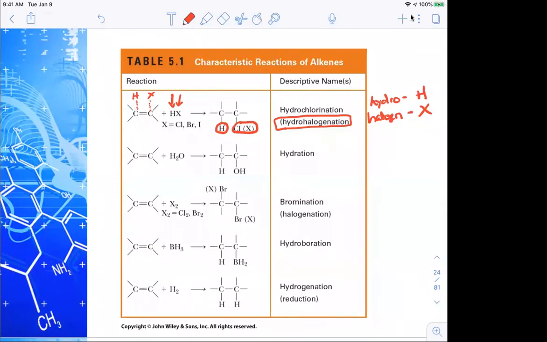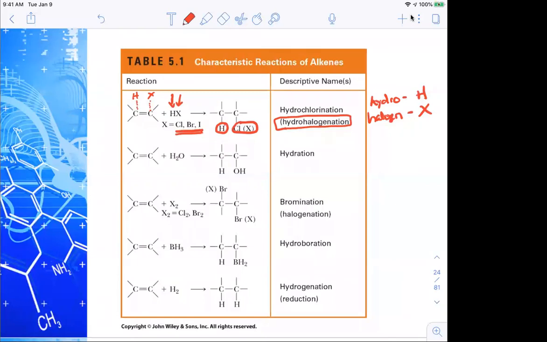This works for the halogens chlorine, bromine, and iodine. You'll find that those are the three halogens that we use in organic chemistry. Fluorine is actually not used very much in organic chemistry because of certain properties of that second row element. Chlorine, bromine, and iodine are much more feasible in the types of organic reactions that we're actually going to discuss in this class.